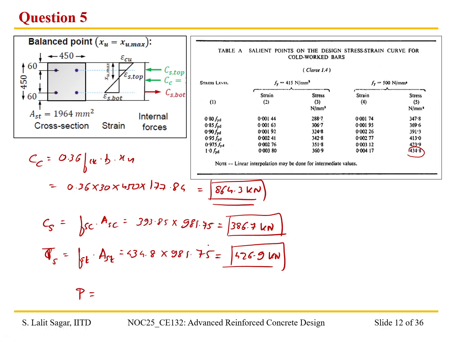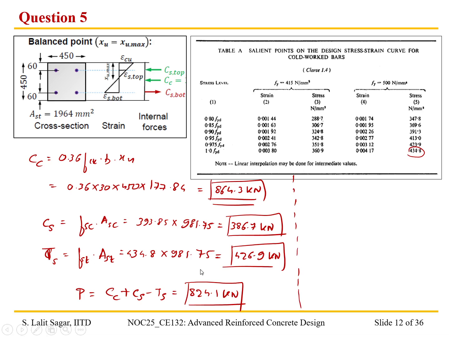We need to add CC and CS, then subtract the value of TS. That is CC plus CS minus TS, which gives me a value of 824.1 kilonewton. Then let us proceed to find out the moment capacity.